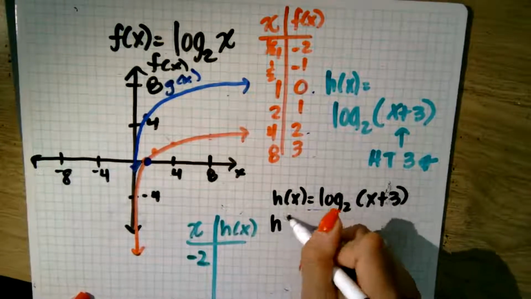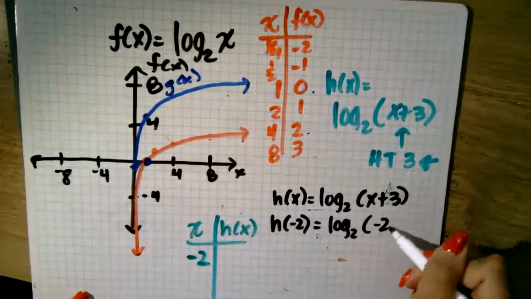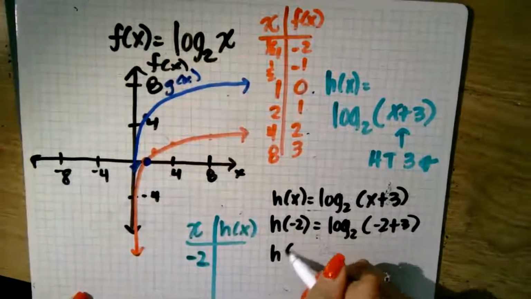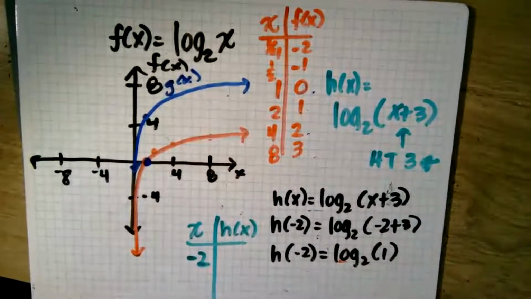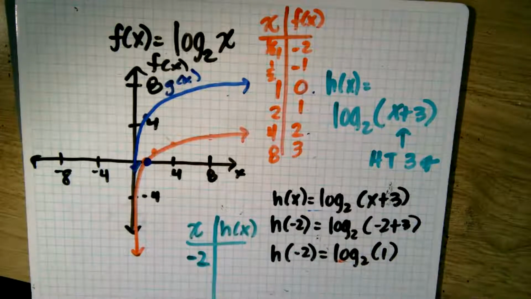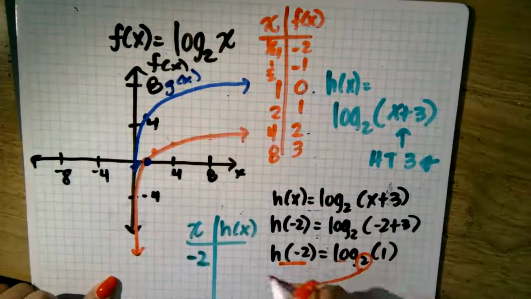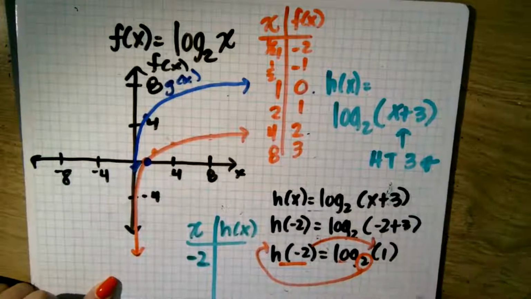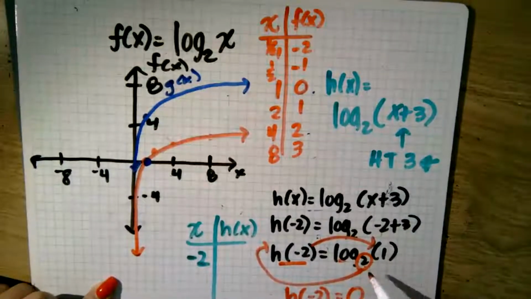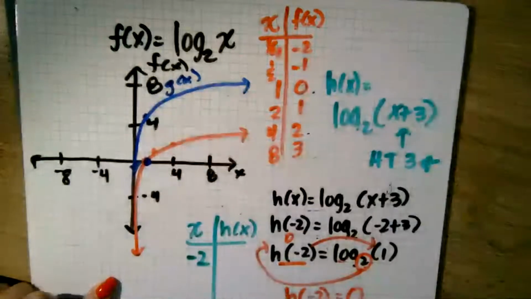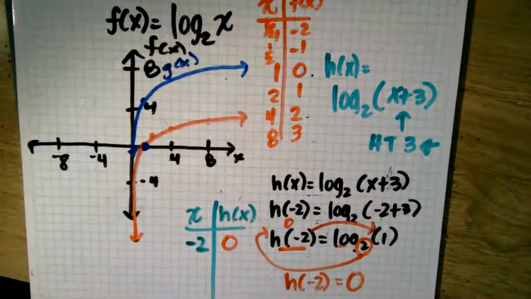I want to know what h of -2 is going to be, which means I have log base 2 of -2 plus 3. h of -2 gives me log base 2 of 1. Remember that h of -2 is just a label. So 2 to what power gives me 1? That means h of -2 must be equal to 0, because 2 to the 0 gives me 1.